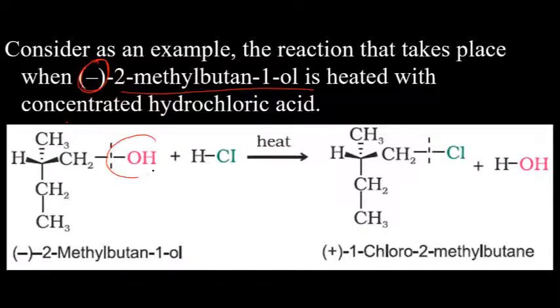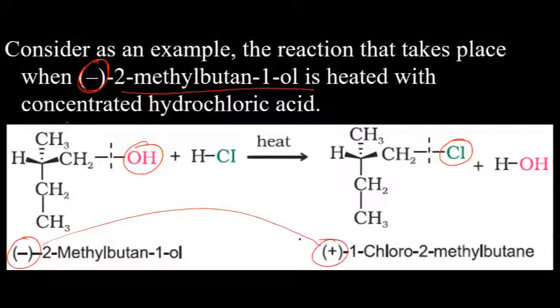Now, if you see, this OH is replaced by chlorine, but the chlorine is exactly at the same place where the hydroxyl group was. So it means that it is a retention of the configuration, although it is conversion from levo to dextro.